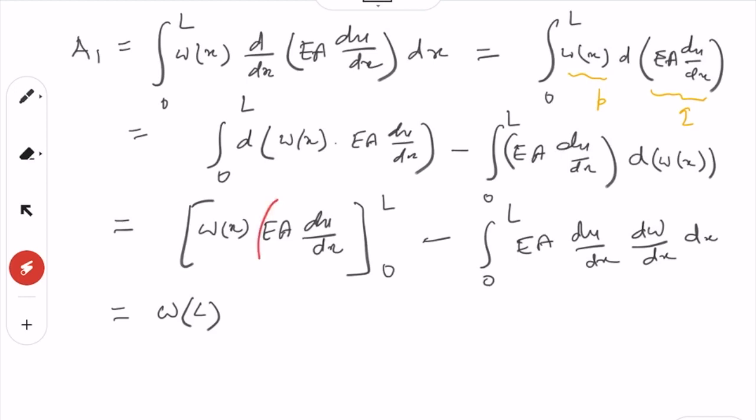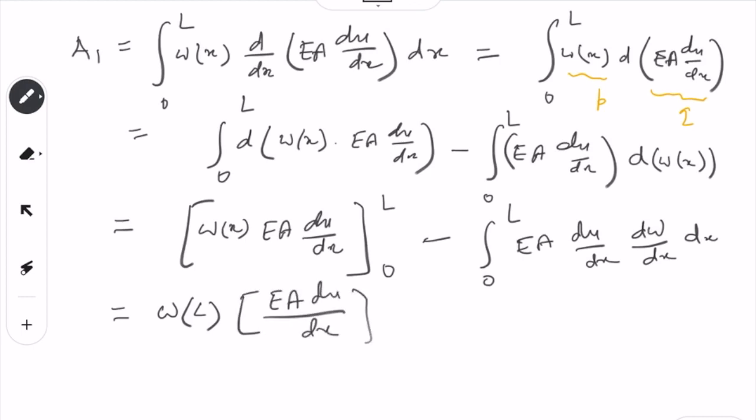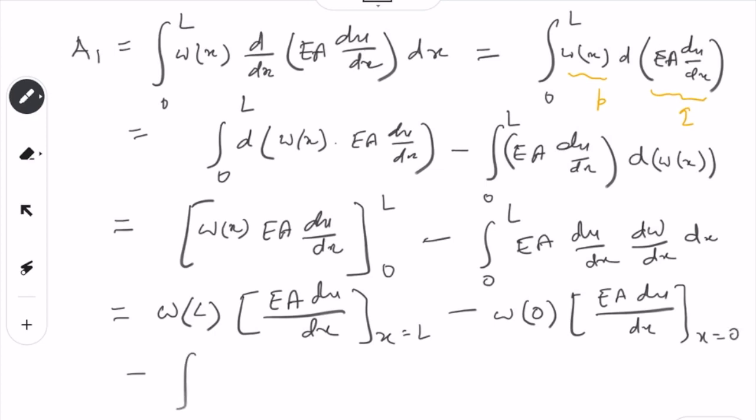So, EA du over dx at x equal to L, minus W0 and EA du over dx at x equal to 0, minus the integral from 0 to L of EA, we can write like this also, dw over dx, EA du over dx.